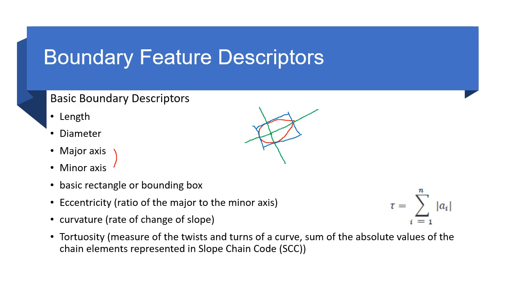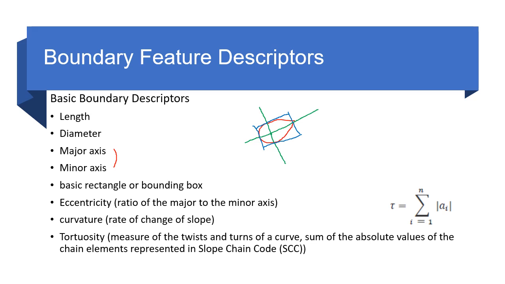Now we could also use the eccentricity, which is the ratio of the major to the minor axis. We could also obtain a feature which is the curvature, the rate of change of slope as we traverse a polygonal area.